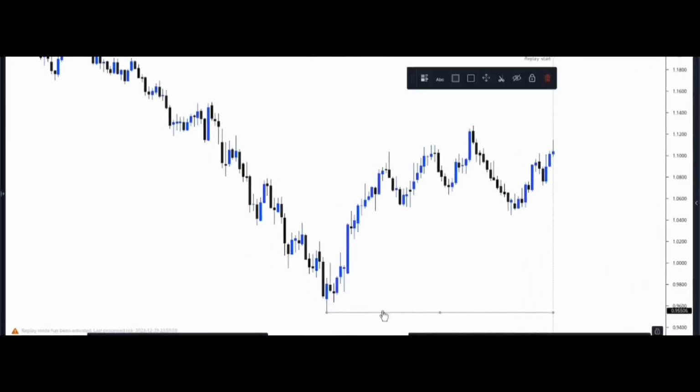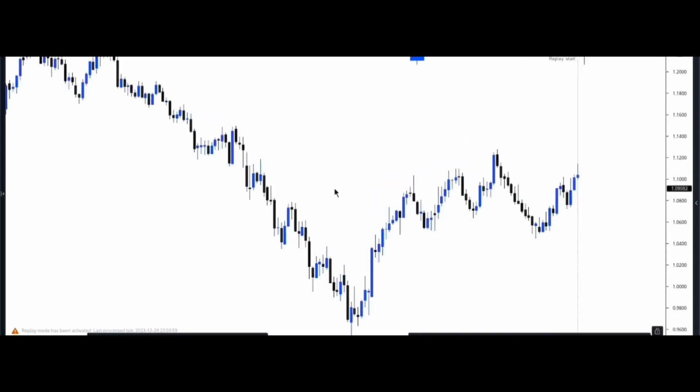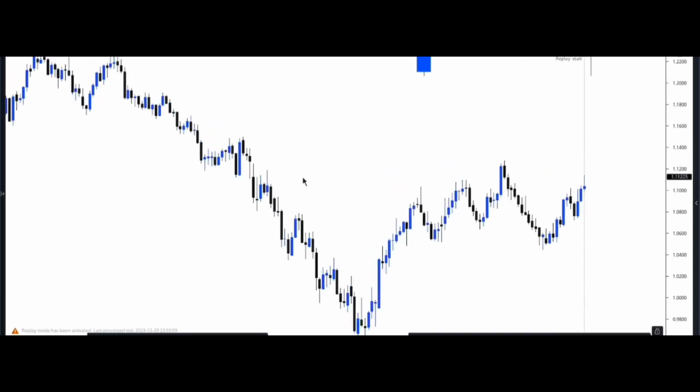Okay, this is EURUSD weekly time frame. First off, before we start using the strategy, we need to identify the bias of the market. Are we bullish or bearish? The only way you can do that is to map out the most current structures in the market.